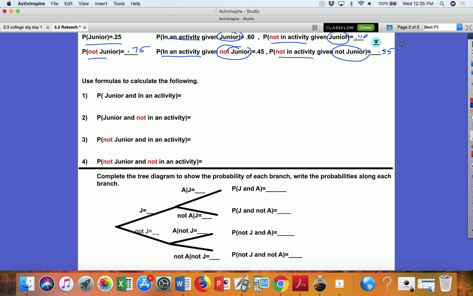So we said that we have a dependent situation, so I'm going to write this out. We'll write maybe a couple of them out, not all of them. So this would be the probability of a junior times the probability of being in an activity. You can abbreviate however you want, given that they are a junior.